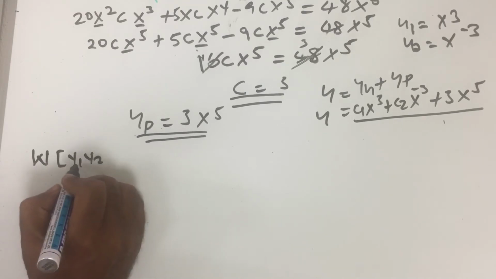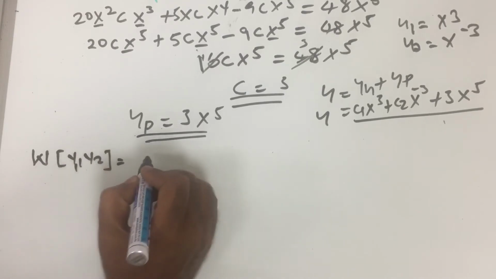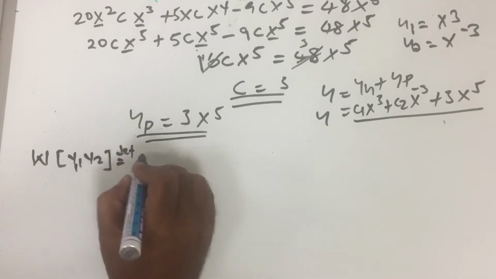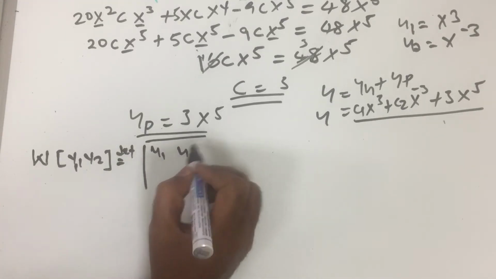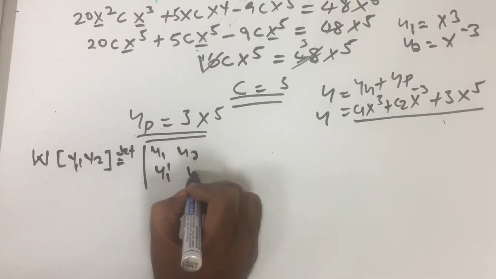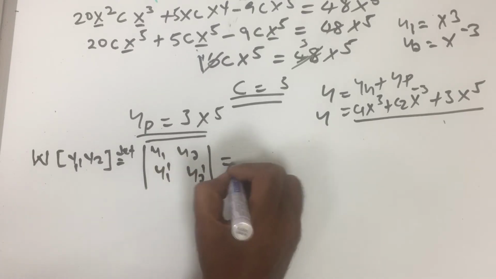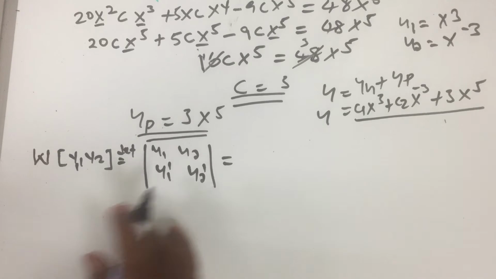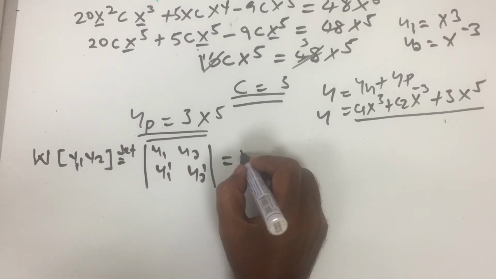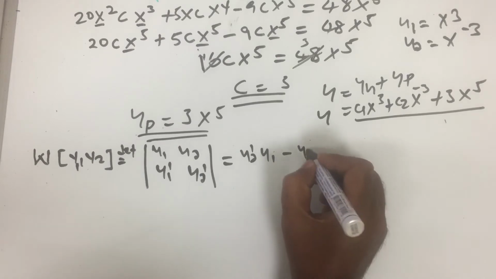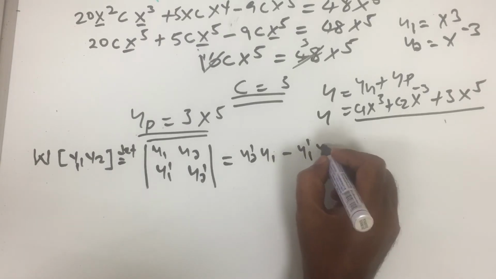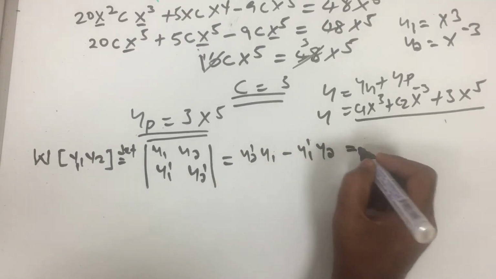y1, y2, the determinant of the matrix with y1, y2 and their derivatives. The determinant will be nothing but y2 derivative times y1 minus y1 derivative times y2.